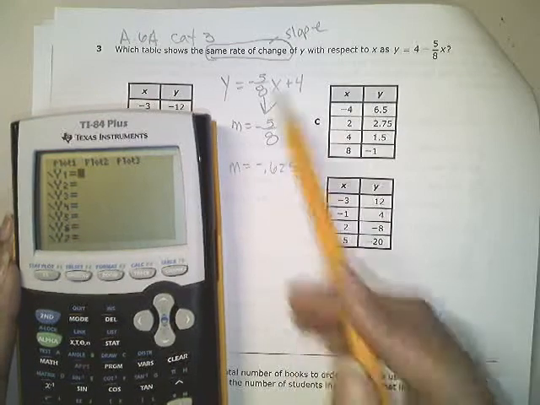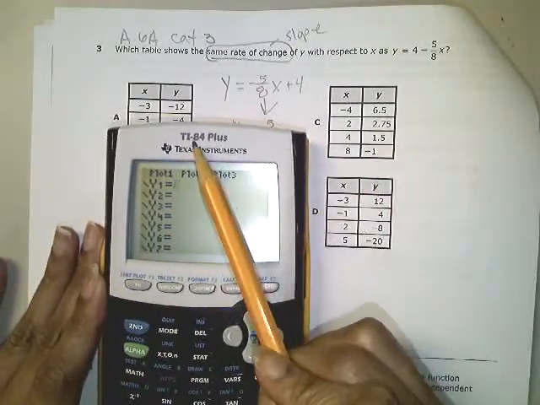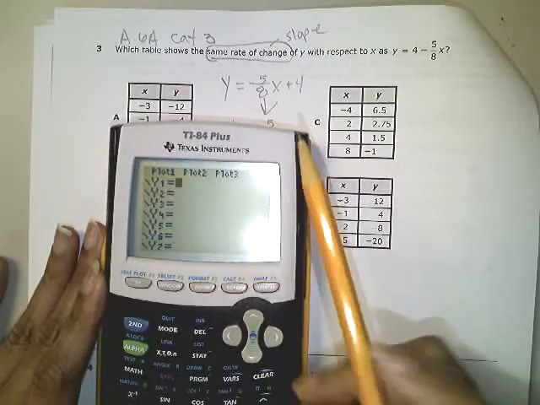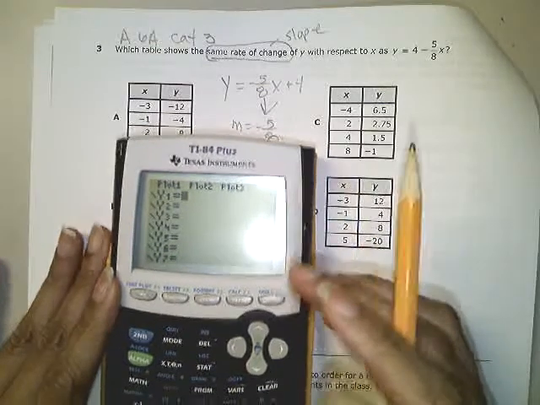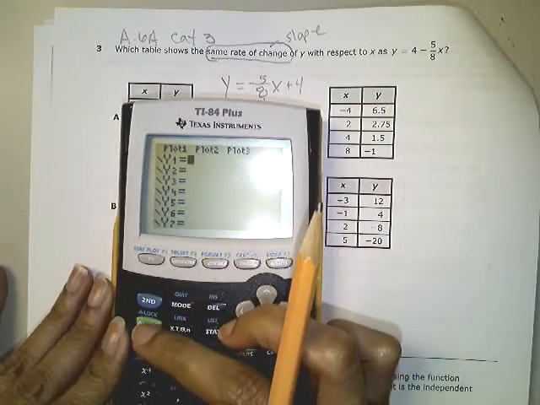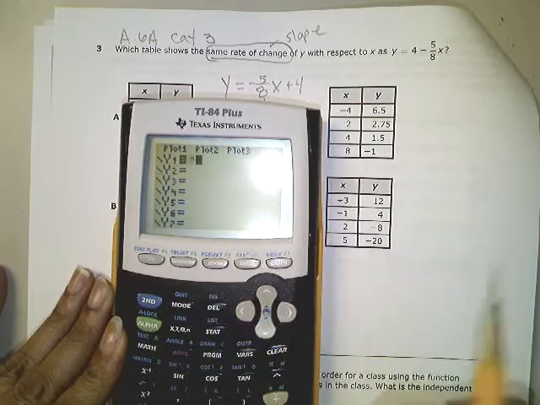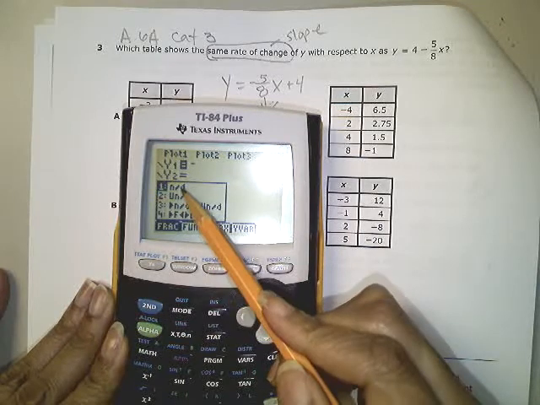You can type it in as a fraction or a decimal. I'll show you how. If you have a TI-84, there is a function that lets you do fractions, and it's alpha y equals. The whole thing is negative, so I would hit negative, alpha y equals, n divided by d.